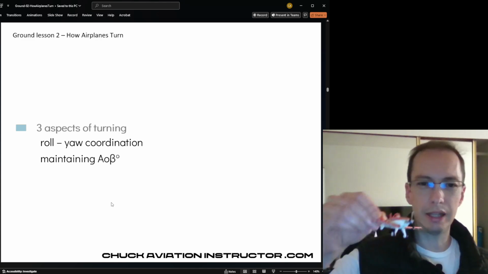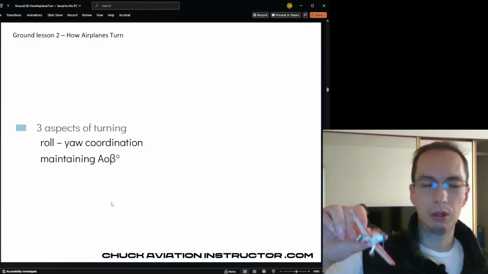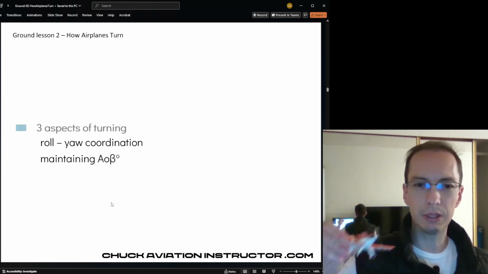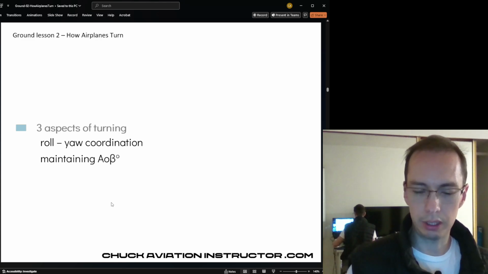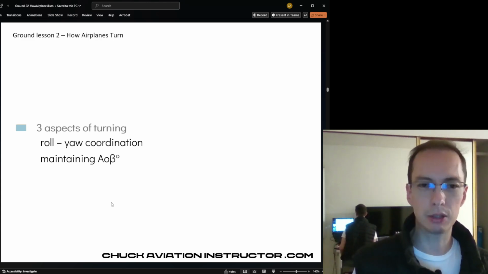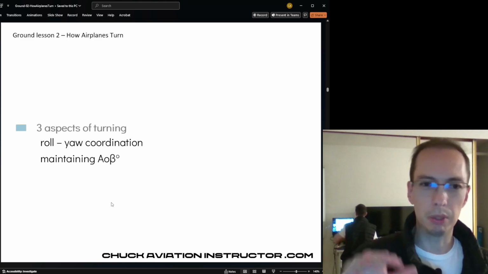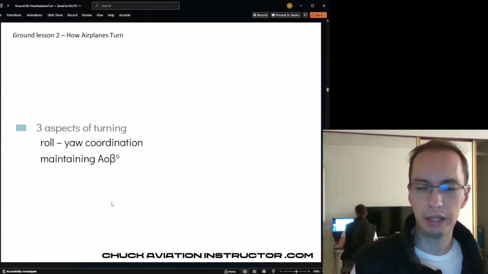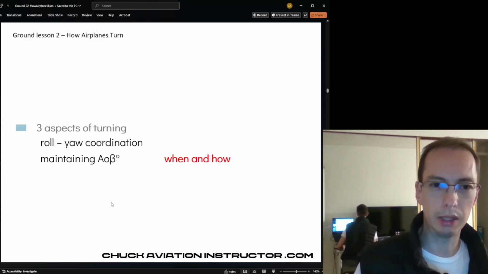Whereas if your bank is wobbling around, your other control pressures are going to be difficult to coordinate, and your airplane's reactions are going to be difficult to anticipate. But maintaining a constant angle of bank is the key to turning well.